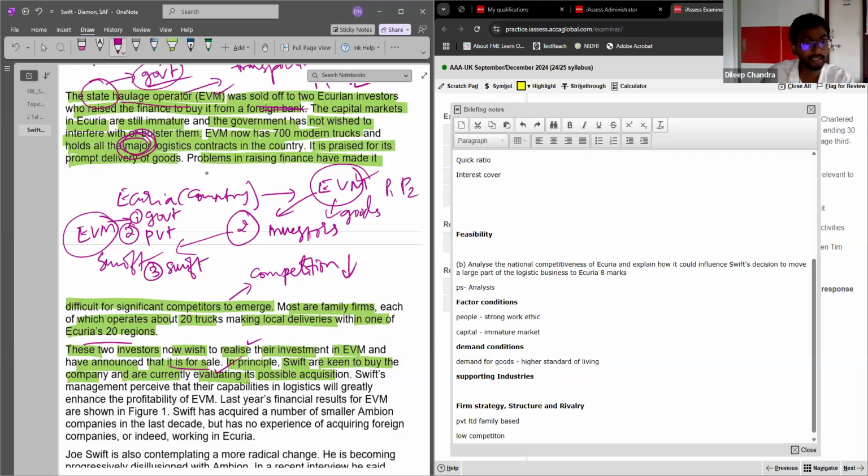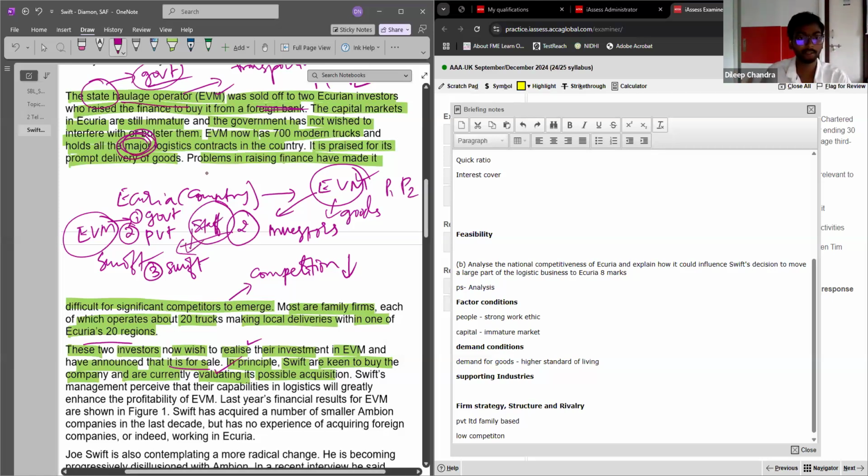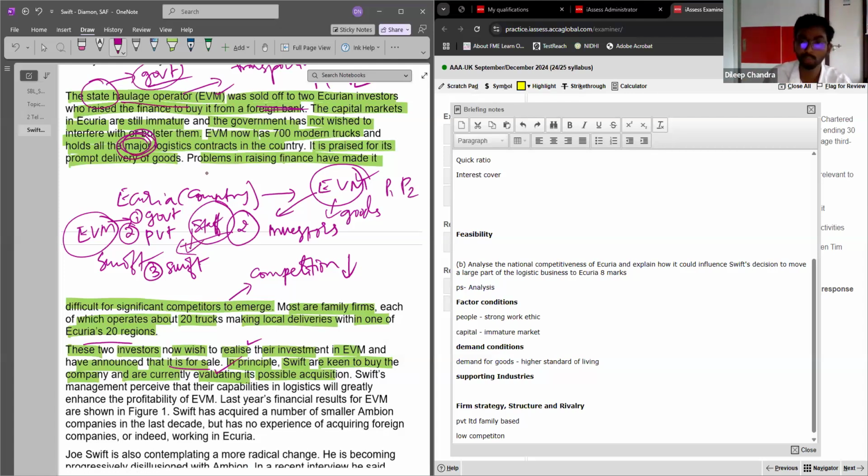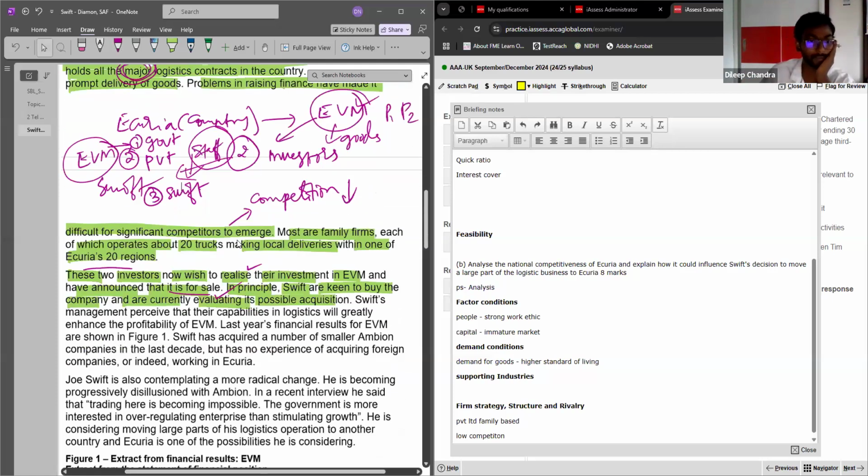I feel like there might be some opposition from the staff. Maybe they will not show the willingness to move from different management styles. It's a good point, right? We'll see where to use.